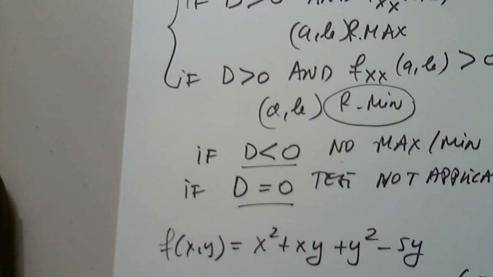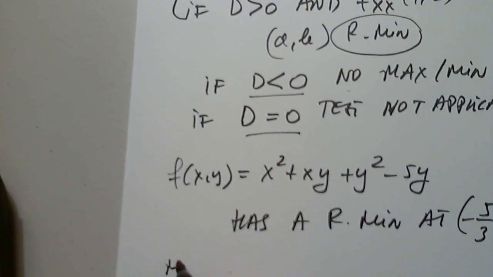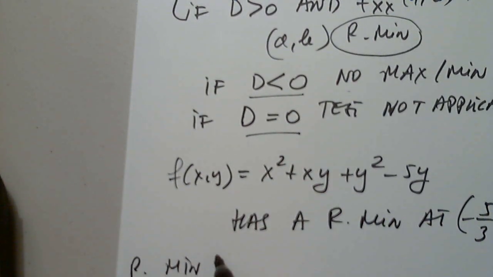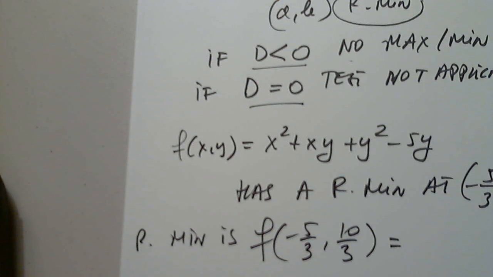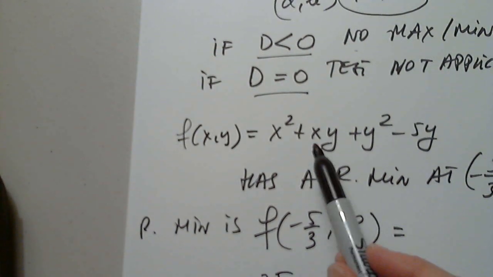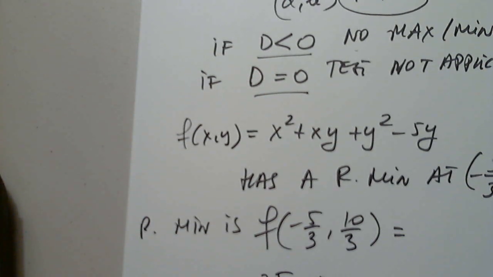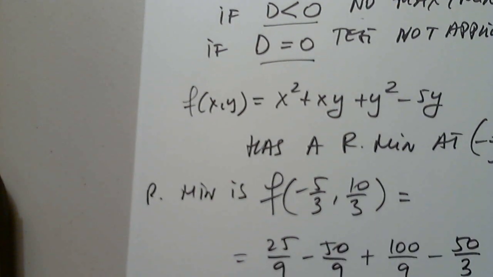Now, if we are asked to find what it is, then I have to plug it in. Relative min is f of negative 5/3, comma 10/3. So, this squared, 25 over 9. This product, minus 50 over 9, plus 100 over 9 minus 5 times y, 50 over 3.